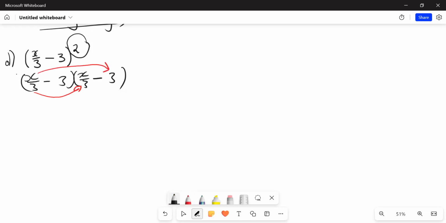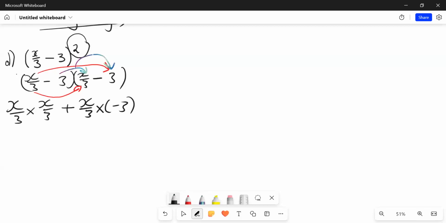Now let's go. x over 3 multiplied by x over 3. And then now we need to say plus x over 3 multiplied by negative 3. Now we must multiply negative 3 and then negative 3 again, right?